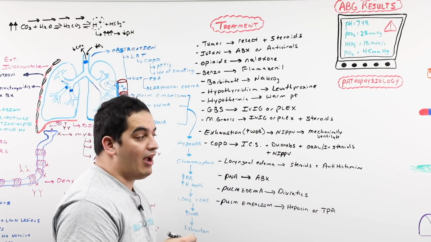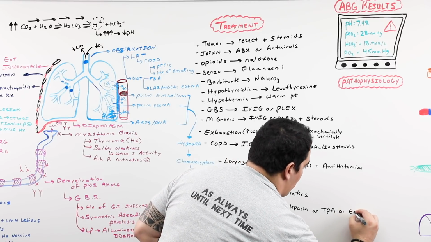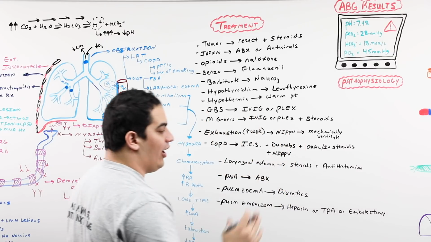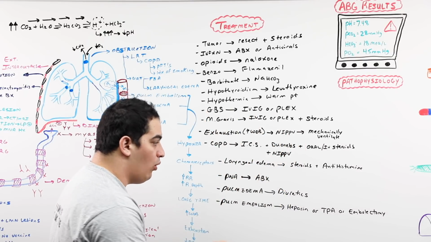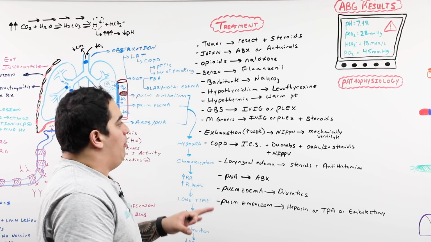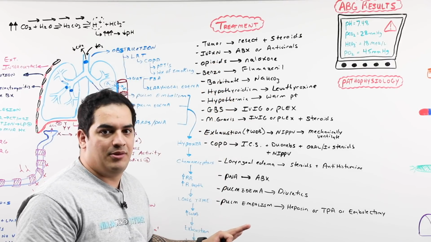Sometimes if they're very, very proximal, you can do TPA. And the last one is sometimes you can do what's called an embolectomy, where you surgically go in, or IR, interventional radiology, where they go in and pull that clot out mechanically, okay?